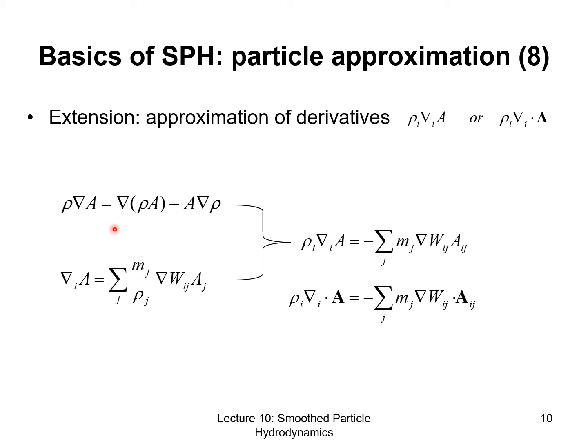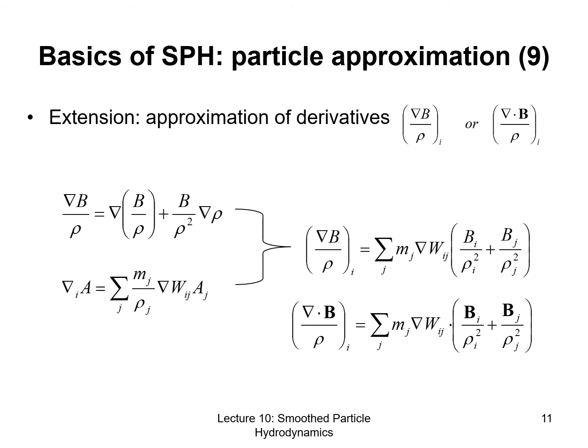So if you use this relation with combined derivatives, together with the original approximation, we can obtain density times gradient in a form like this, or density times divergence in this form. So we will use this one to discretize the Navier-Stokes equation.